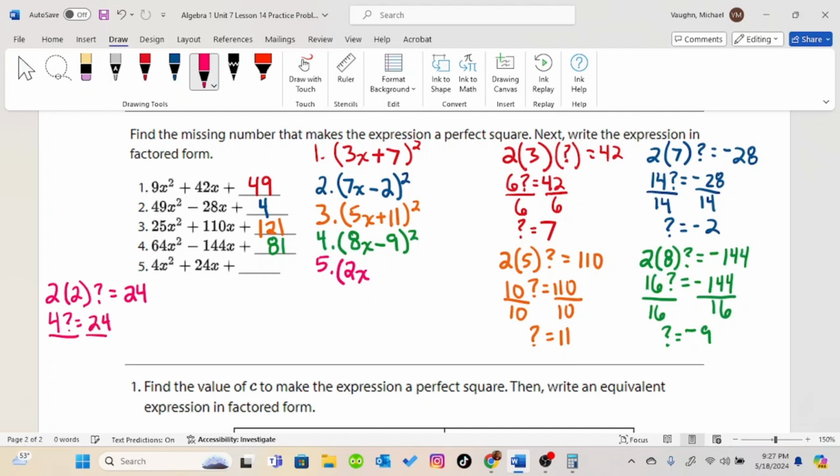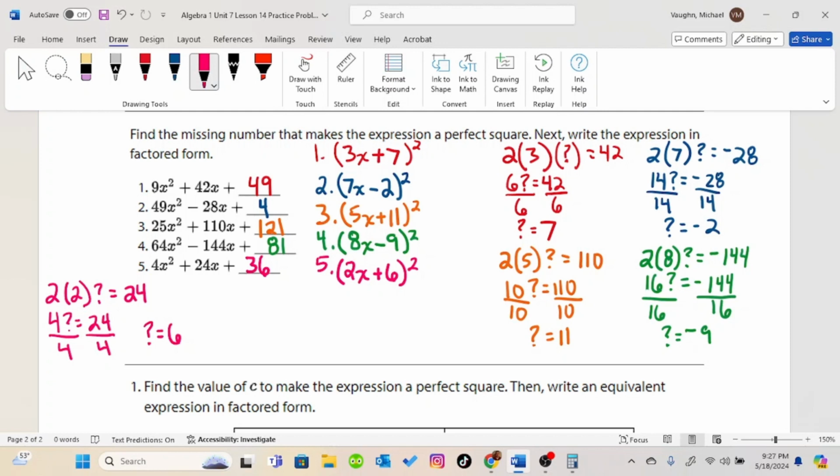And if I divide both sides by 4, I find out that that something is 6. So my factored form is 2x plus 6 squared, and 6 squared is 36. So my missing number is 36.